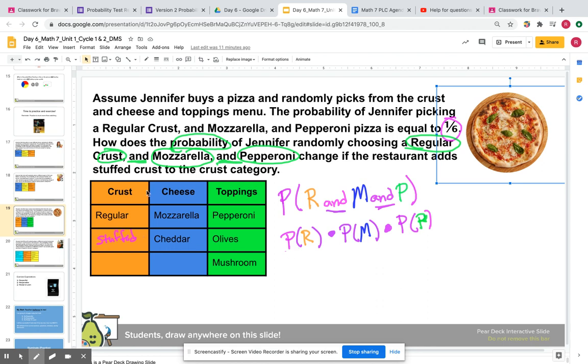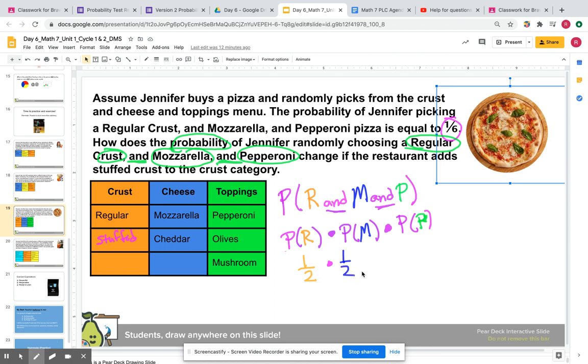Okay, so just looking at the crust for the regular, what is the probability of us selecting the regular crust at random? Okay, I hope you were able to respond to me. That's 1/2. But we cannot forget that this is going to be multiplied by another probability of mozzarella. So looking at the cheeses, what's the probability of choosing mozzarella at random? I hope you're able to respond.